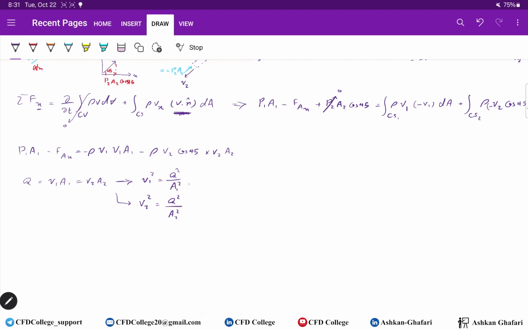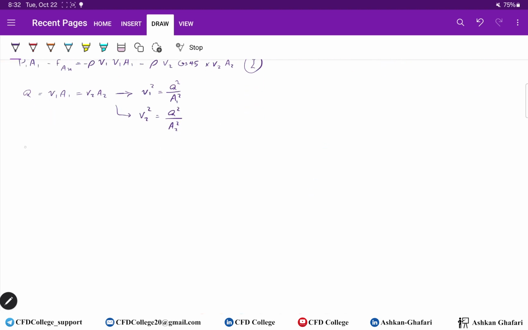Now if we put these equations into the main one, equation 1, what we will have is P1 A1 minus FAX equals minus rho Q square over A1 minus rho Q square over A2 cosine of 45.